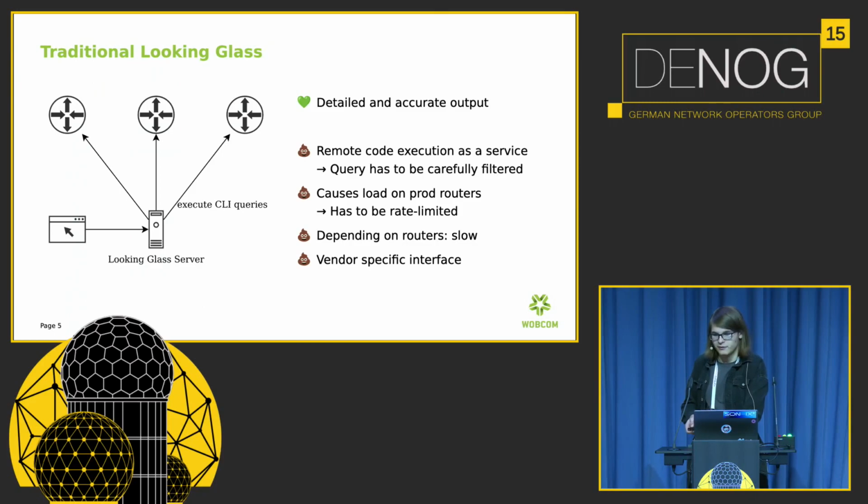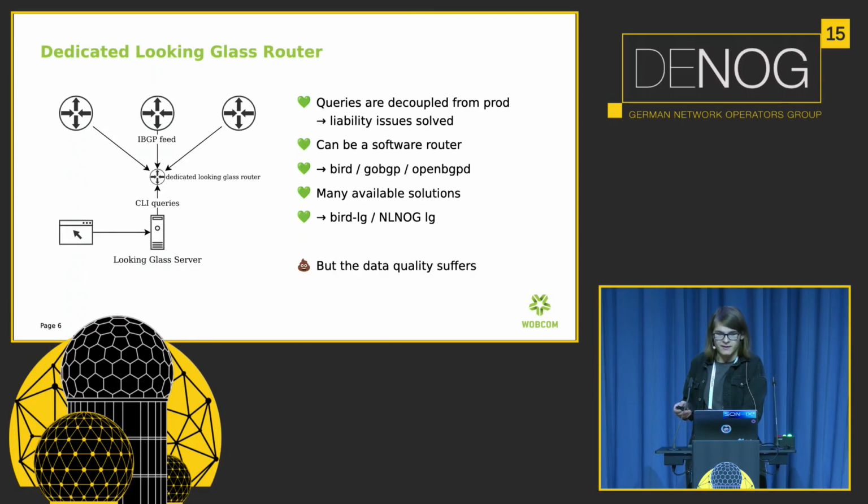You don't really want to solve a CAPTCHA when you're currently trying to solve an outage or debug an important issue. So then there's a variant of this where people put a dedicated router in between that is just participating in the IBGP full mesh. This streamlines the solution a bit because you can just use any software router.